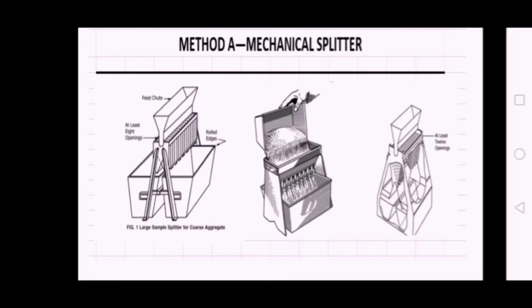What is the procedure? Place the original sample in the hopper or pan and uniformly distribute it from edge to edge, so that when it is introduced into the tubes, approximately equal amounts will flow through each tube. Introduce the sample at a rate that allows it to flow freely through the tubes and into the receptacles below.